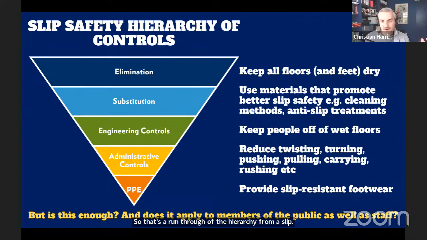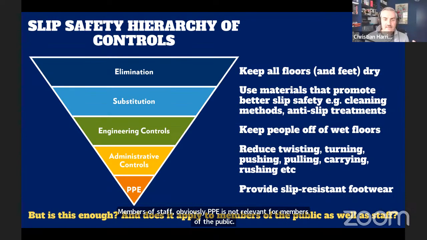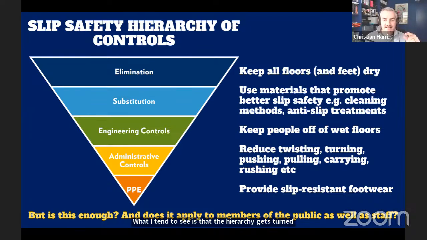But I suppose when I look at this, I think, is that enough? And does it really apply to members of the public in the same way that it does members of staff? Obviously, PPE is not relevant for members of the public. And also, when I think about slips, what I tend to see is that the hierarchy gets turned on its head.